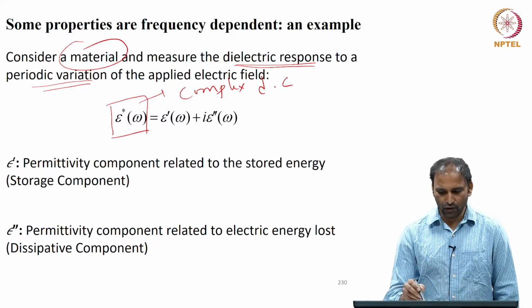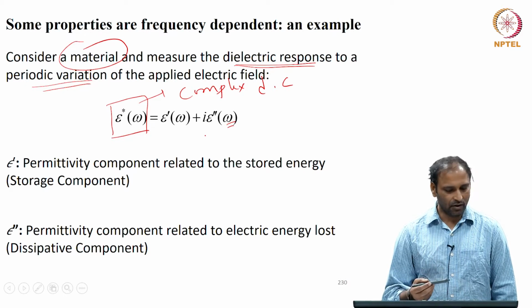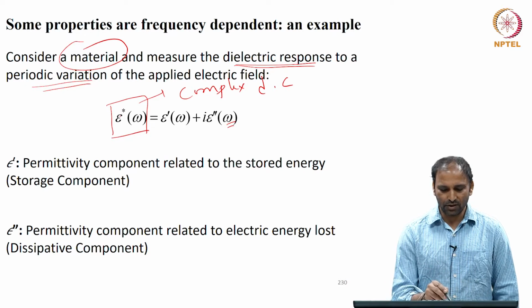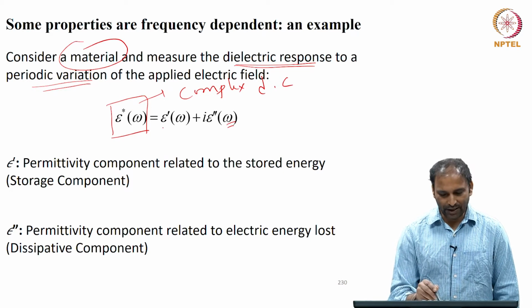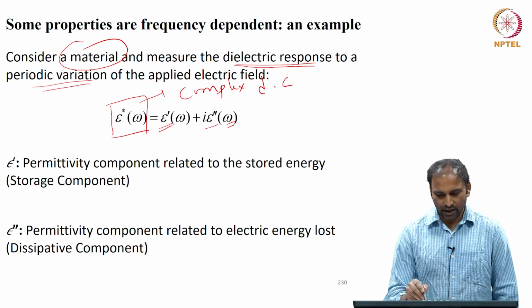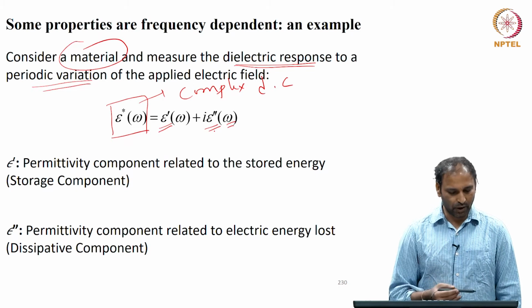And I can of course change the frequency of the applied electric field, and I can measure what is called E star, which is the complex dielectric constant, which will again have two components, epsilon prime and epsilon double prime, analogous to what I mentioned earlier.